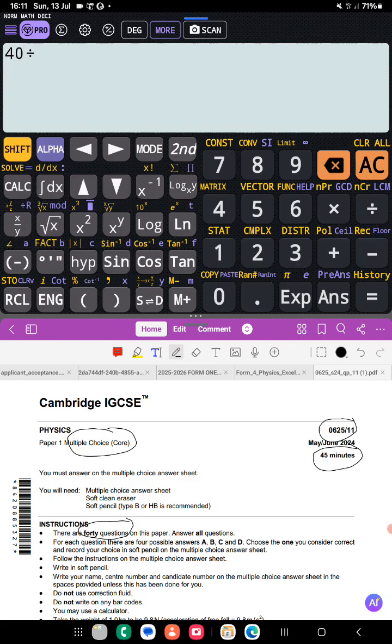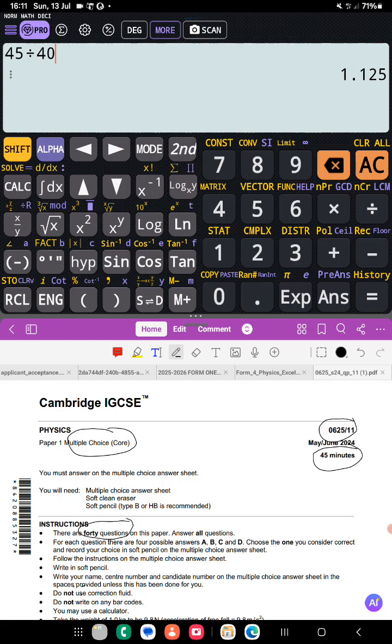So we have 40 questions to be done in 45 minutes. That means the time you need to spend per question is 45 divided by 40, which is roughly 1.125 minutes.